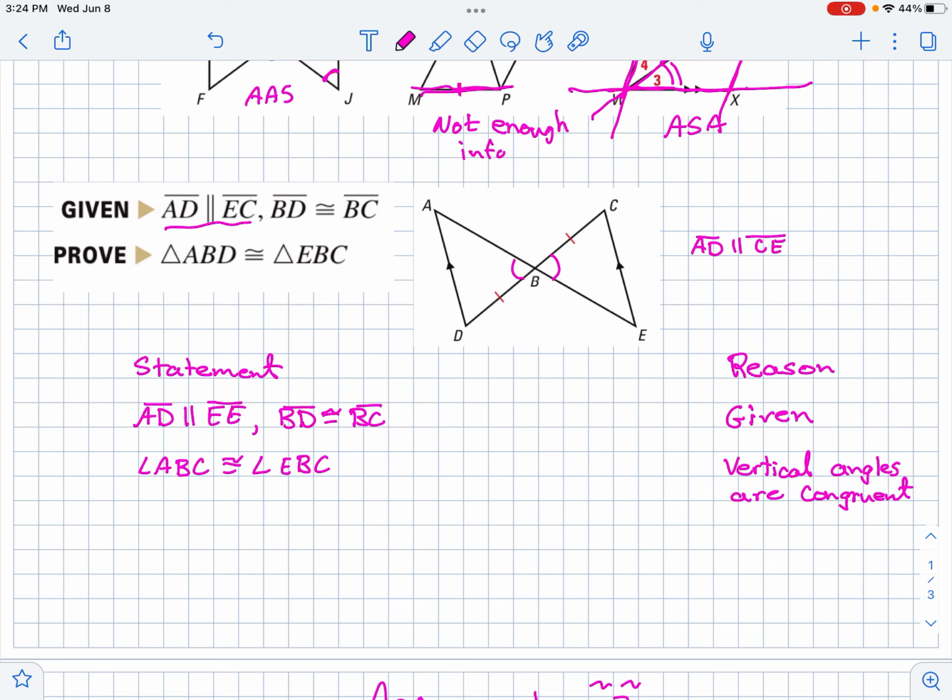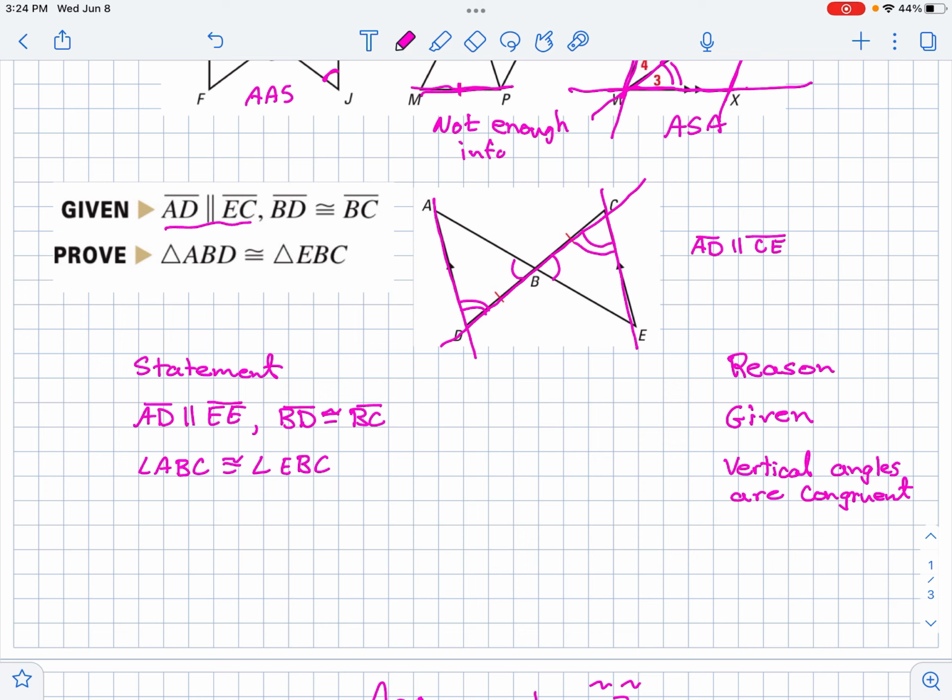So far we've got a side and an angle. Now I need something else though. We've got these two parallel lines cut by a transversal. Well, that's something, because now this angle is congruent to this angle by alternate interior angles.